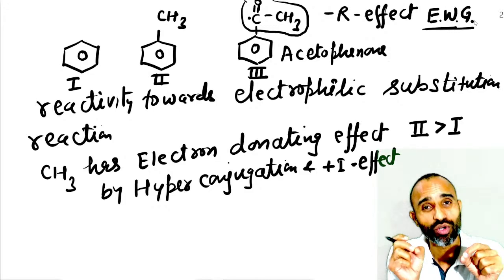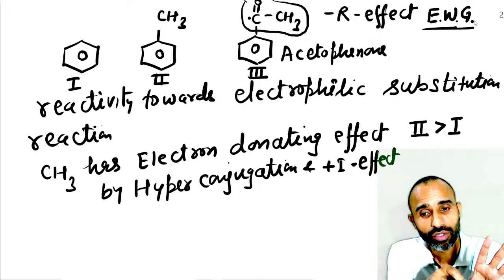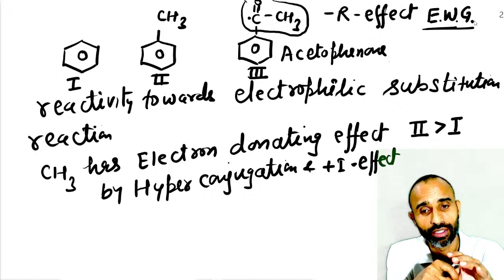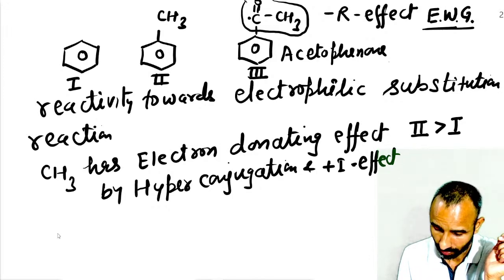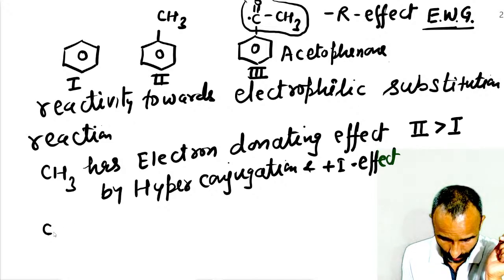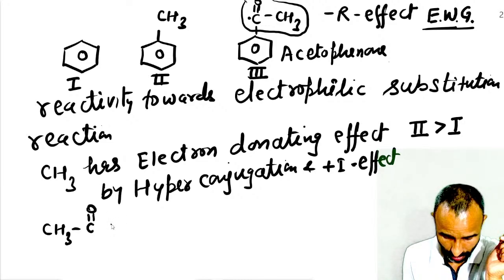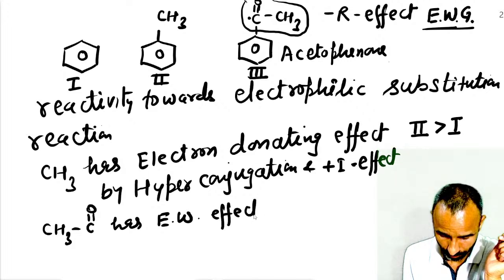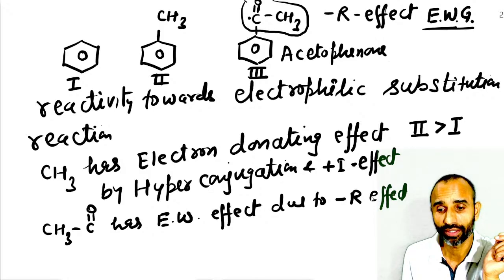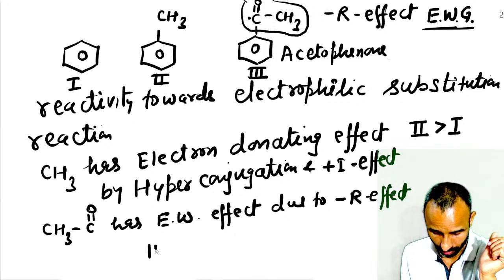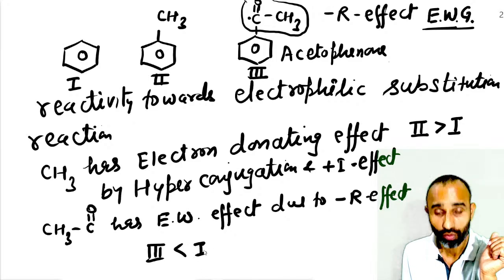Electron density on the ring decreases, so attack of the electrophile is decreased to some extent, and that's why the third is the least reactive. The CH3CO group has an electron withdrawing effect due to minus R, which is dominating, and that's why the third is less reactive than the first.